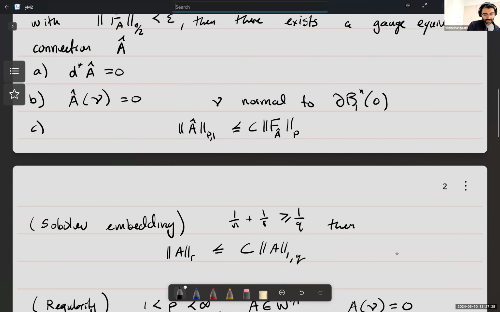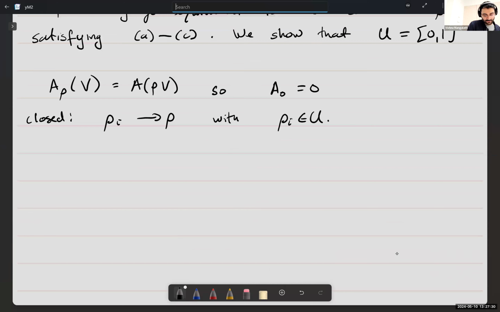Now if we assume we have a row I bounded in n on 2, 1 by some constant eta, then the limit will also satisfy this inequality.